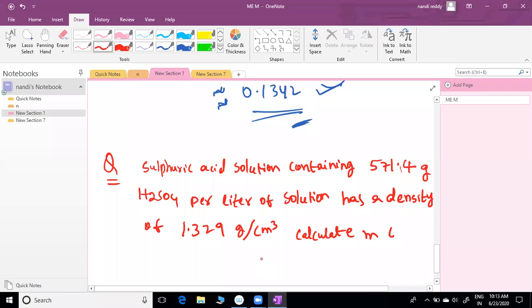So visible, please note down. Note down, then all formulas are with you only.